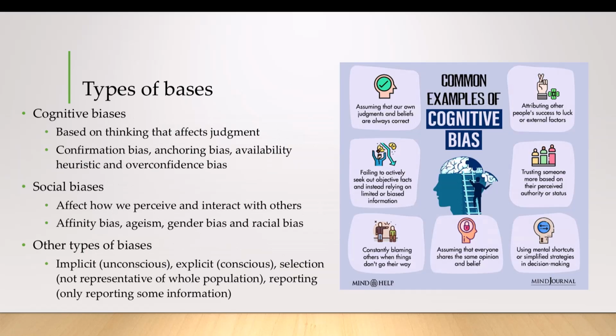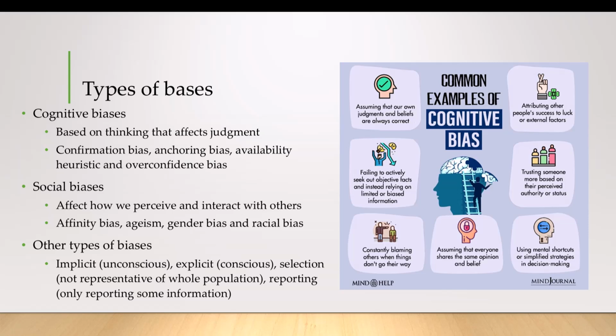There are several different types of biases, including cognitive biases, social biases, and others. Cognitive biases are systemic errors in thinking that affect our judgment and decision-making, such as confirmation bias, anchoring bias, availability heuristic, and overconfidence bias.